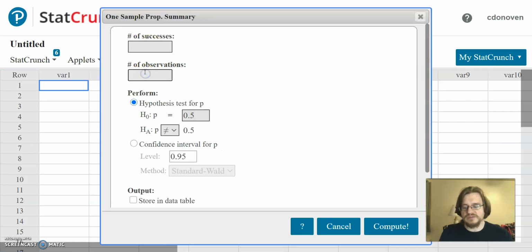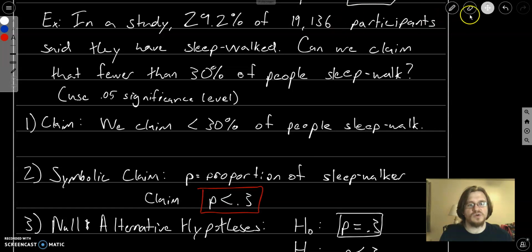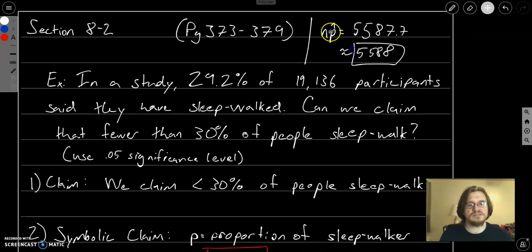So the number of observations was 19,136, because this is how many people were in the sample. Now we need the number of successes. Note that this is the absolute number of successes, not the percentage of successes. So when we checked this before, we took n times p hat.